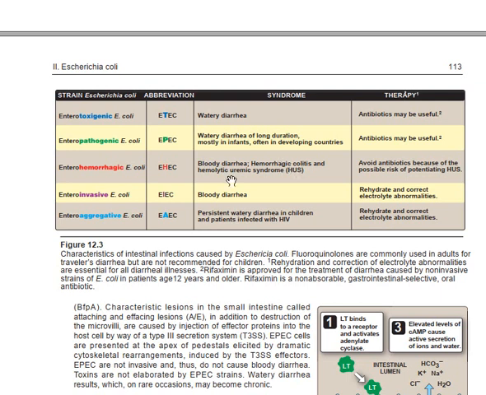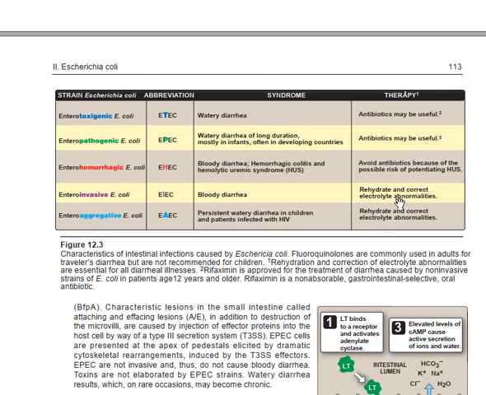Enteroinvasive E. coli produces bloody diarrhea only, and enteroaggregative E. coli produces persistent watery diarrhea, notably in patients infected with HIV.